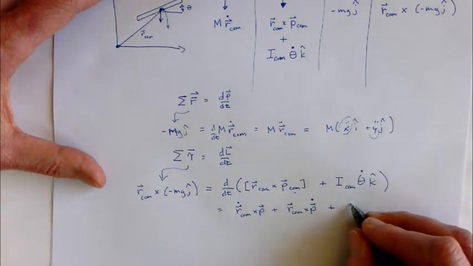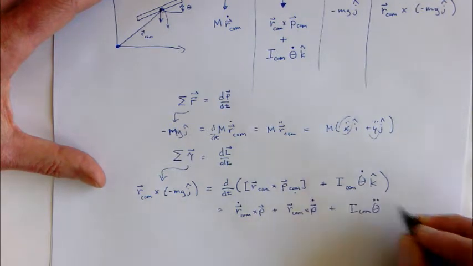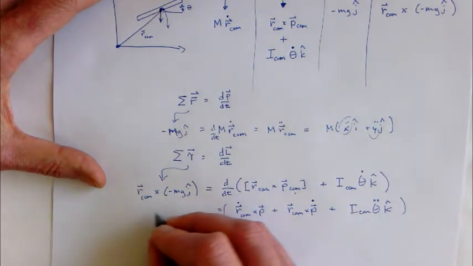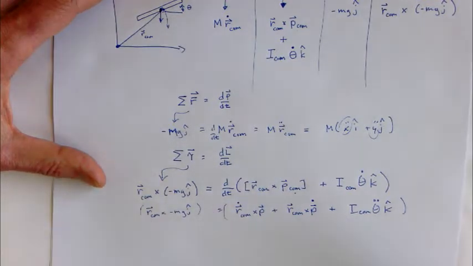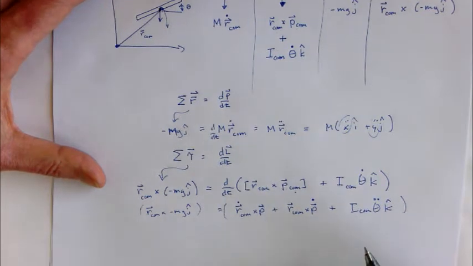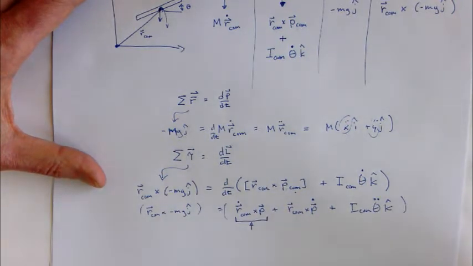And the last term here will simply give me I_COM times theta double dot, because the center of mass moment of inertia is not changing. All right. And finally, I can make an interesting observation here, which is that this first term in the cross product is actually 0.